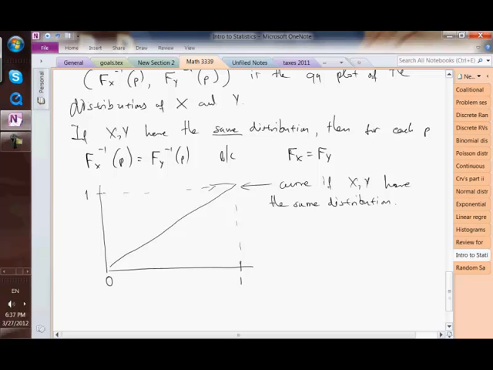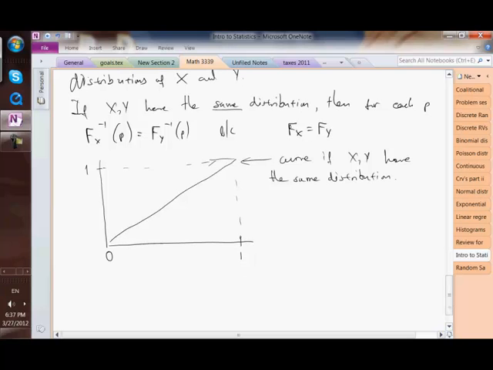So we can use the QQ plot to test a set of data to examine whether the data come from a certain distribution or obey a certain distribution.